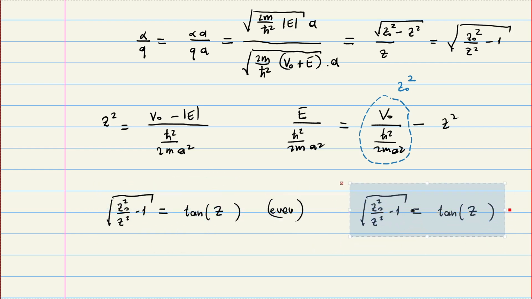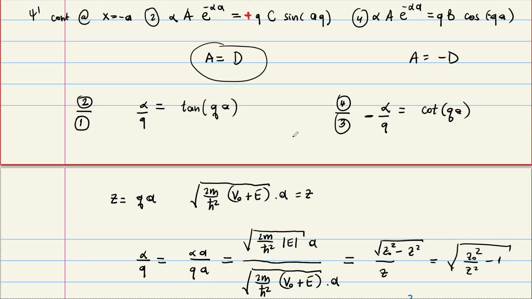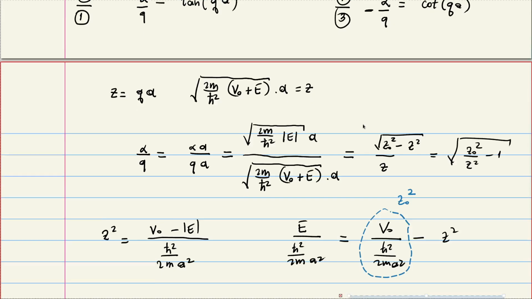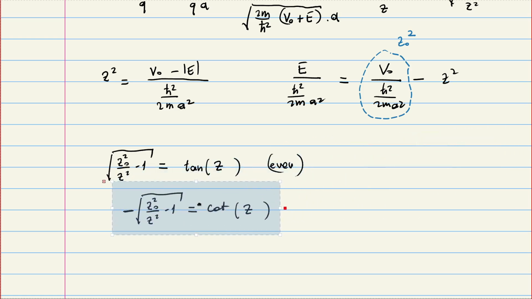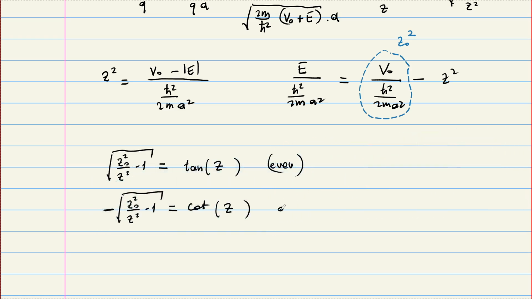If you look at above, you replace tangent with cotangent and put a minus sign in front. So I'll put here a minus sign and I'll make this tangent cotangent. So this is odd solutions. Good.